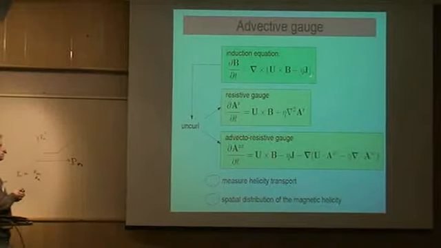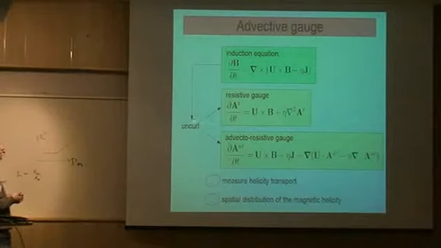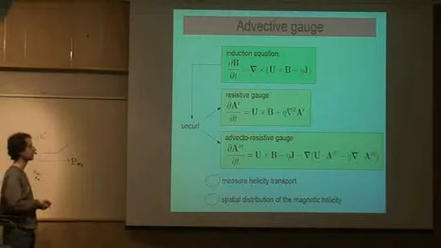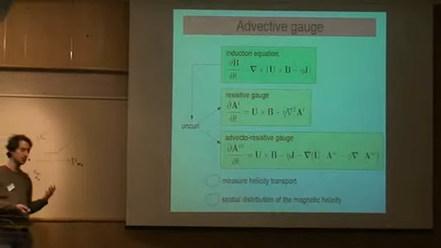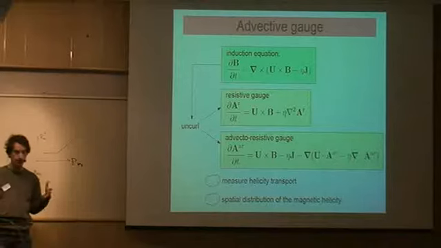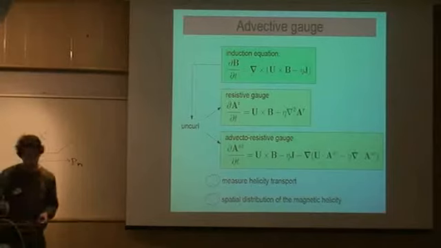You've got the induction equation with the magnetic field and the current density, and you can simply uncurl this induction equation, and you get an evolution equation for the vector potential. This one is a resistive gauge because you have this resistive term here. And you can also uncurl it to the vector resistive gauge, where we have the same resistive term here and an advective term here. Now, due to this advective term, you would expect different magnetic helicity transport, and at the end, you would also expect that the magnetic helicity is stored in different scales. So this is what we wanted to see.